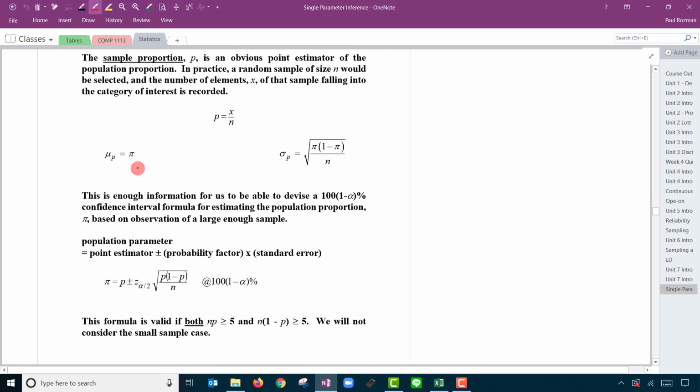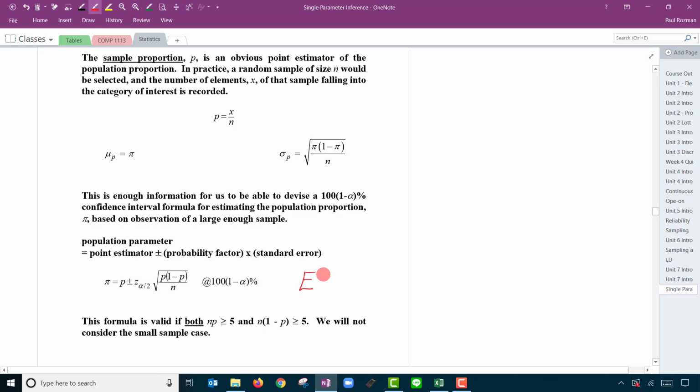Once we have this standard error, it fits our format for making a confidence interval. Basically, it's your estimate plus some probability factor, which is a z-score or a t-score, and then we multiply that by the standard error. That's the form of a confidence interval.